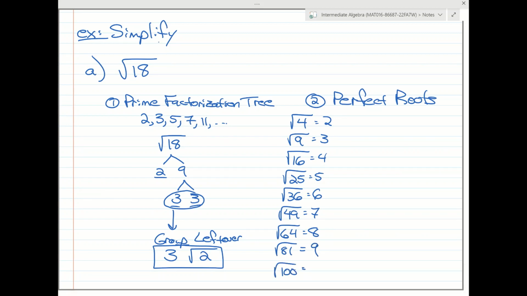What we're looking to do is see what's the biggest perfect root that we could pull out of the square root of 18.